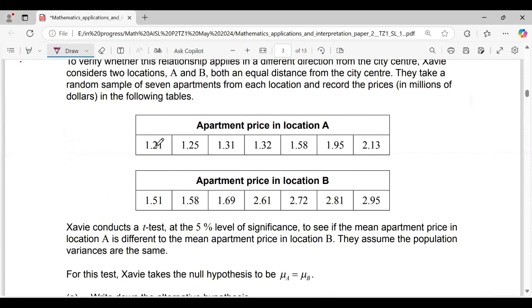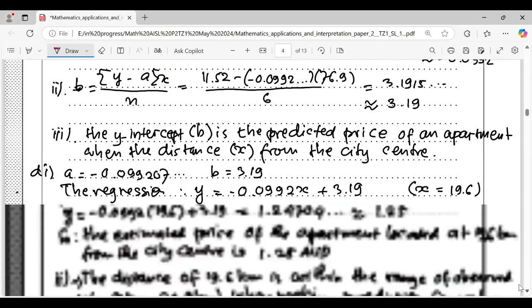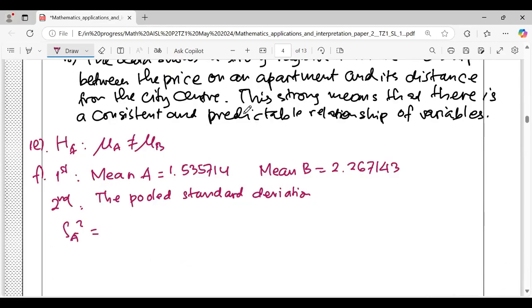So we start from 1.21 minus mean, 1.25 minus mean, 1.31 minus mean and so on until 2.13 minus mean. And after that, square, right?